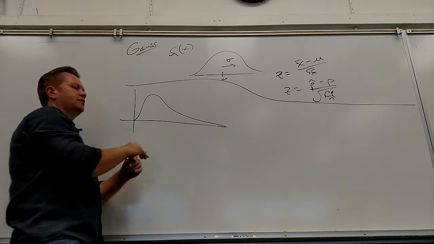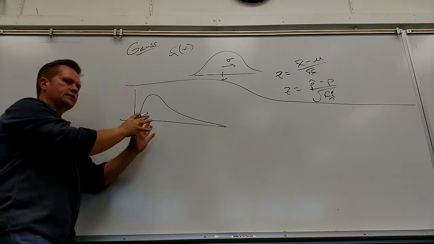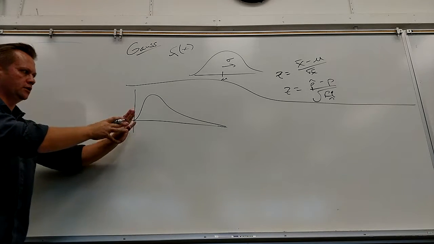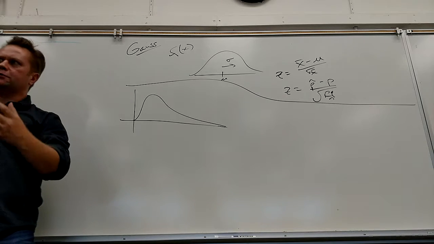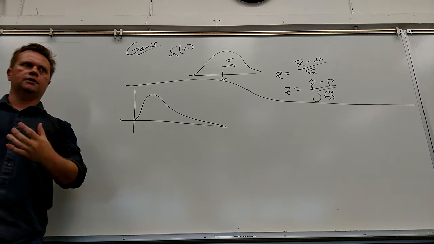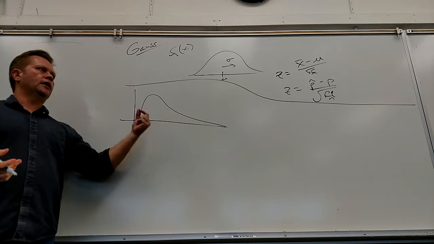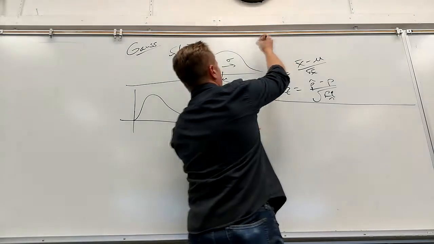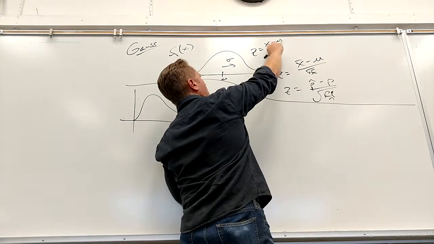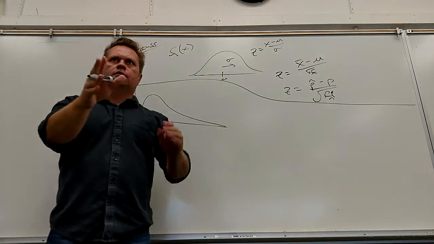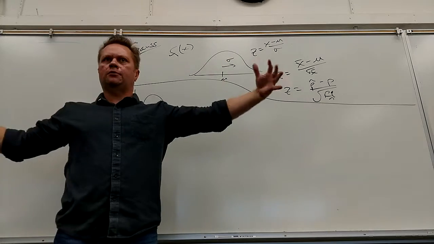So this thing is its own shape. It's got its own formula. The formula is based on the sample size, which makes sense because this deals with how a single data point lives within all of the data points.